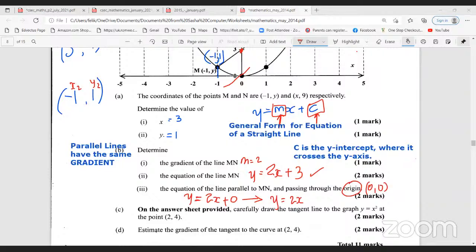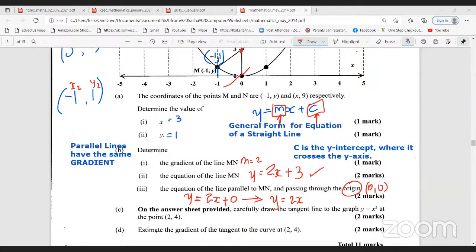A straight line that touches a curve. A straight line that passes through a curve? Come again. Touches. Does it pass through? The tangent is the line that touches the circle.